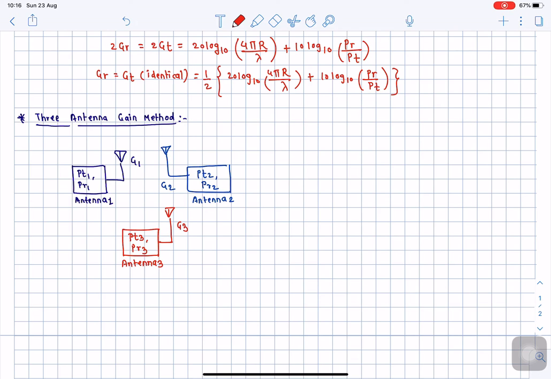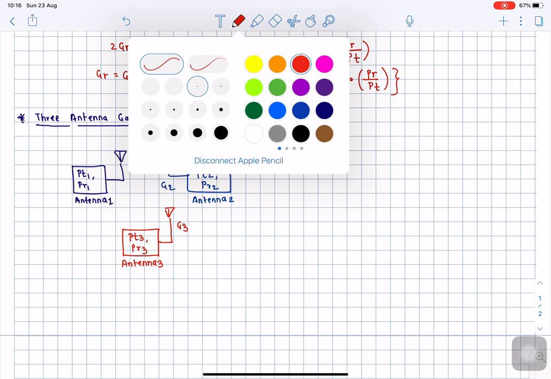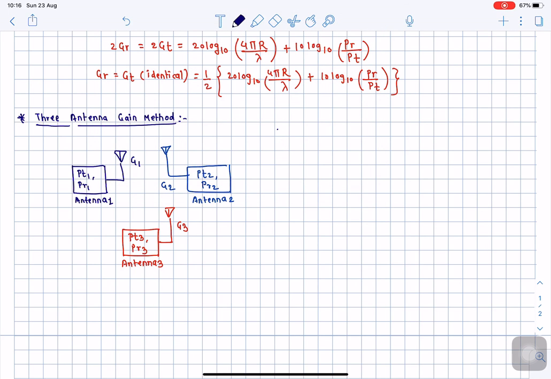Okay, so the gain of the first antenna, here I will write, G1 in dB plus the gain of the second antenna, let us call it G2 in dB. How is it given? This is given as 20 log to the base 10 of 4 pi r upon lambda.